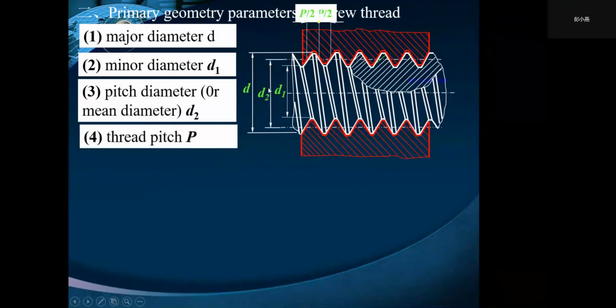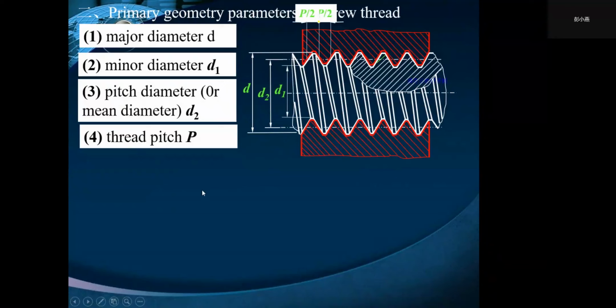D2 is the diameter where the length of thread and the groove are equal. That is D2, the pitch diameter or mean diameter.